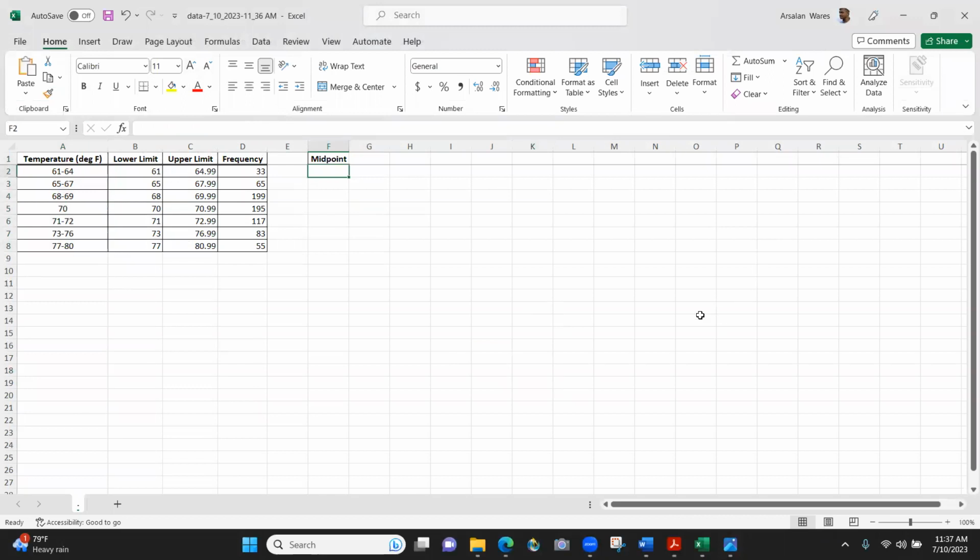These class lengths are unequal. To find the midpoint, you're going to do 61 plus 65, and the whole thing divided by 2, except for the last one.